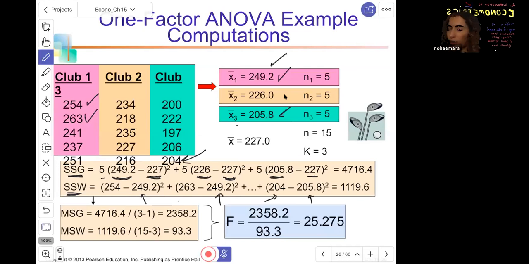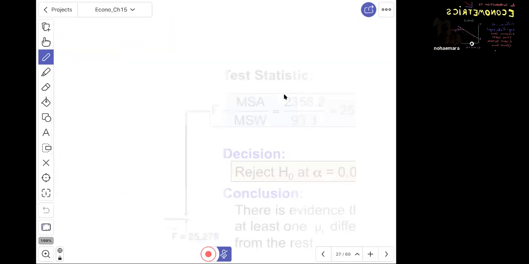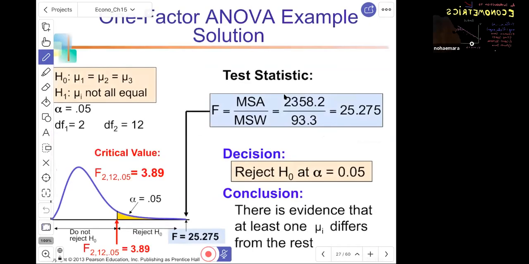So within is a long formula because I have to go through each and every observation. After you're done, you divide by the degrees of freedom as you have it in the formula, and you get a calculated F statistic of 25.27, or approximately 25.28.